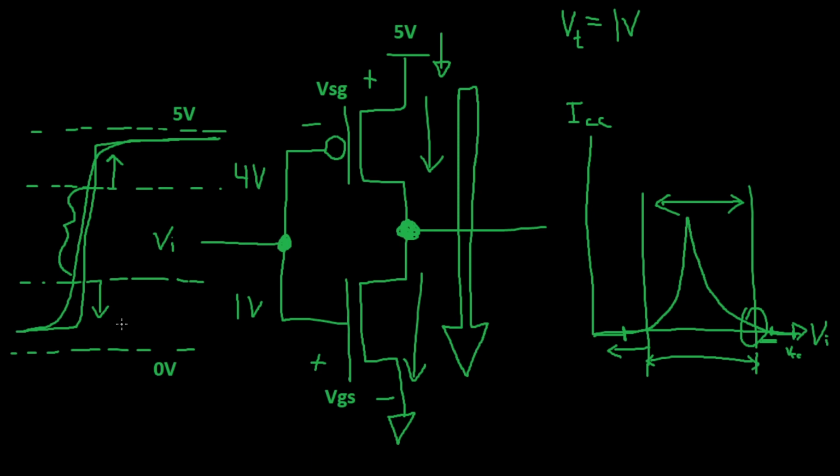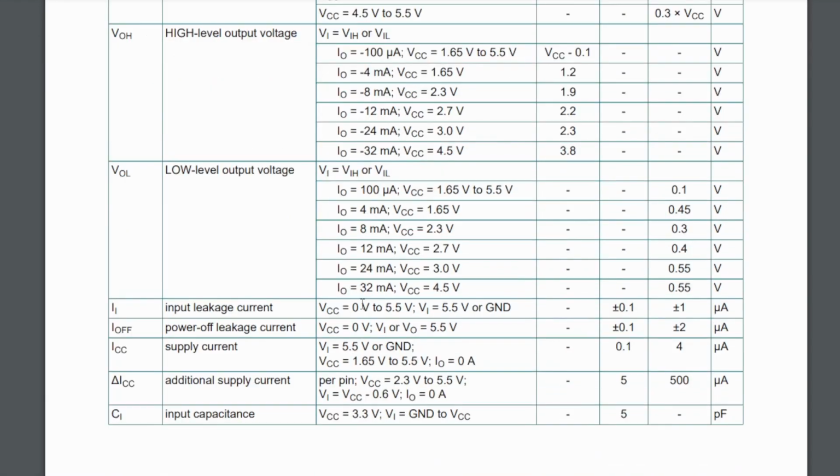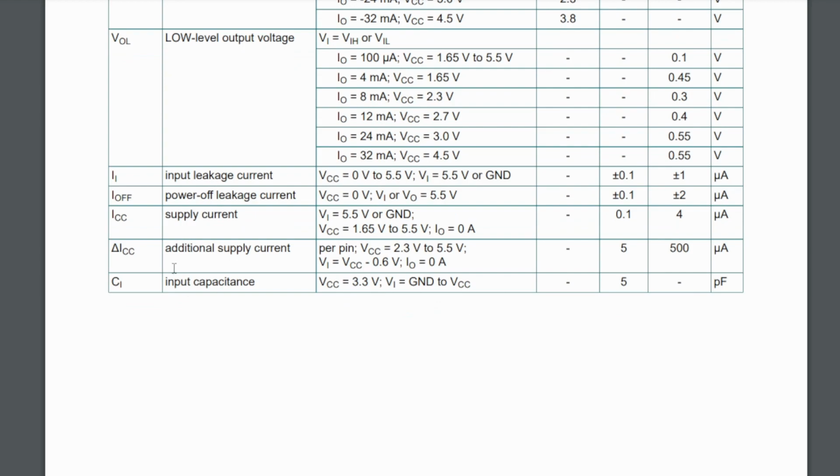The datasheet has one additional interesting point about this power curve. Looking in the static characteristics again, we see delta ICC, or additional supply current. For each input pin, the supply is set to any value between 2.3 and 5.5, with the input held off the rail by 0.6 volts.